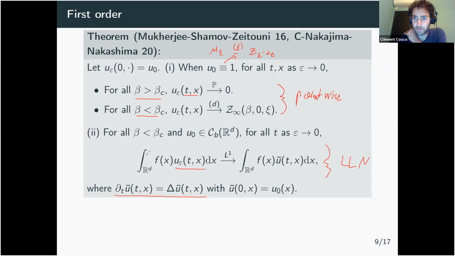So basically, you will sum independent variables, and you end up with a limit which is the average. This is the reason why you have this deterministic object in the end. And it's quite different from dimension 1, where U epsilon converges to some very random object, a random solution of a non-trivial equation.